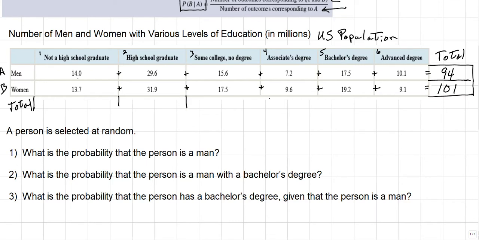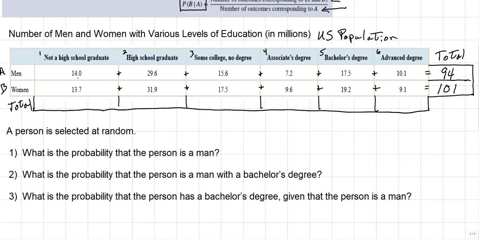And I want to do that for each one of my columns. So this is 27.7, 61.5, 33.1, 16.8, 36.7, and then 19.2.